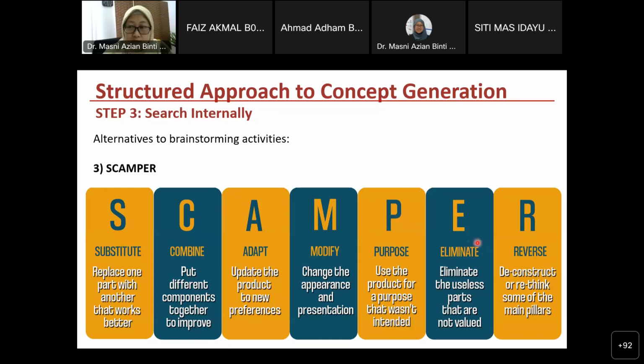Okay, the next one is eliminate. Eliminate means you take off the parts that are useless or not valued. You eliminate the components.